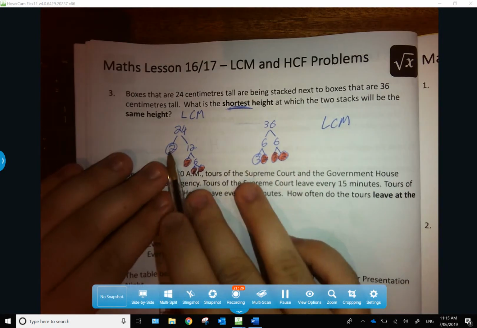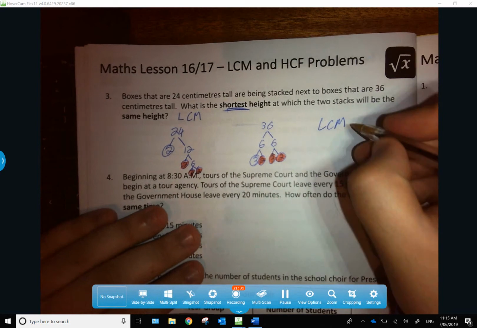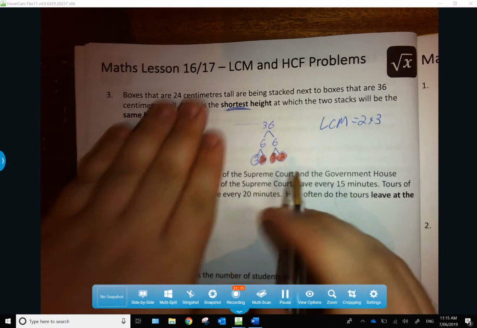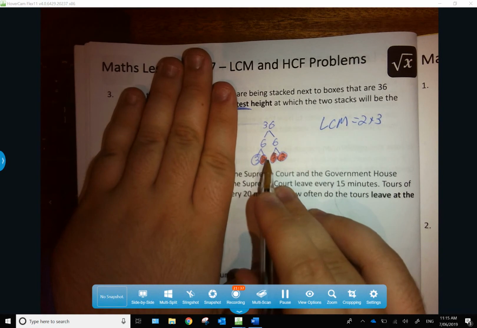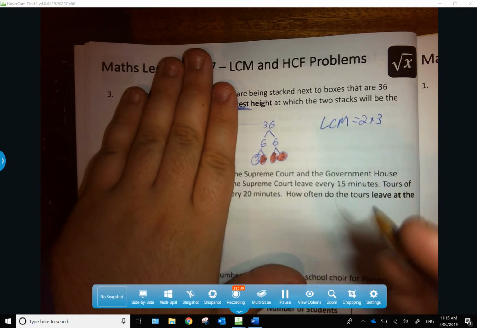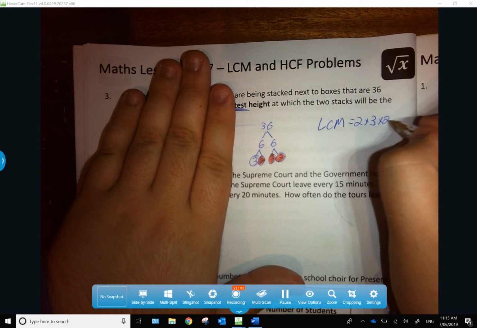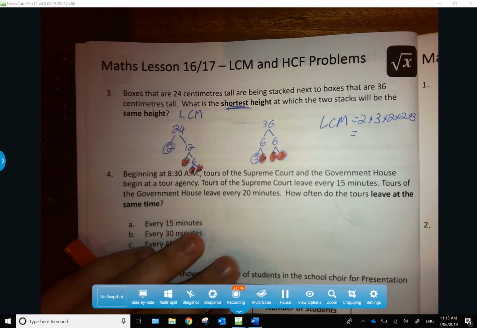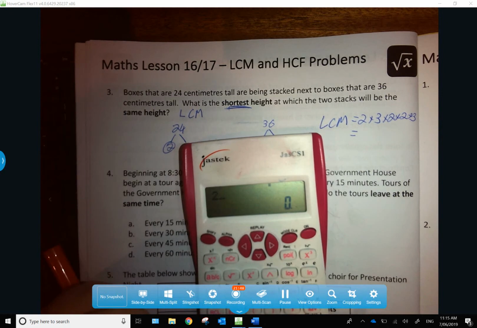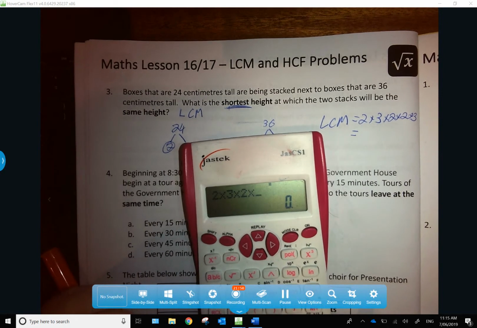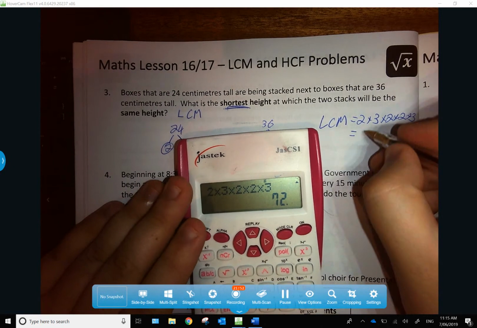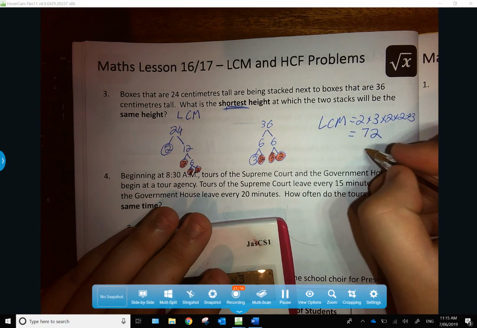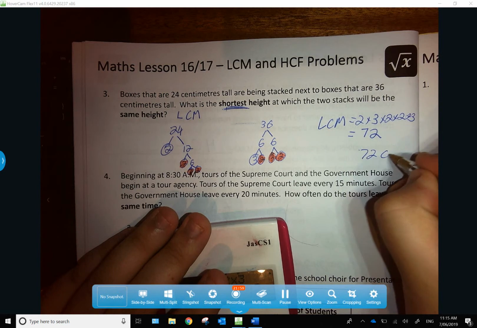Multiply all the numbers that are unhighlighted, plus the highlighted ones in one of the trees. So 2 times 3 times 2 times 2 times 3. Pop that in your calculator and you get 72. So the shortest height of the two stacks will be 72 centimeters. Okay.